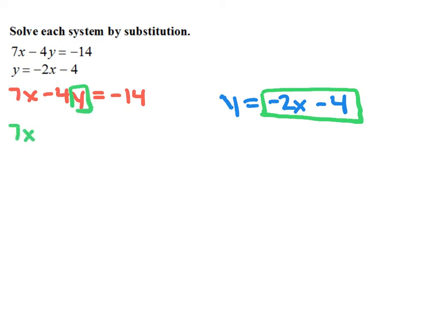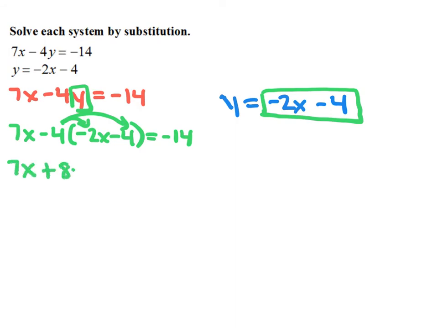So I'll have 7x minus 4 times negative 2x minus 4 equals negative 14. To solve, I would first distribute. So I'll have 7x plus 8x plus 16 equals negative 14.